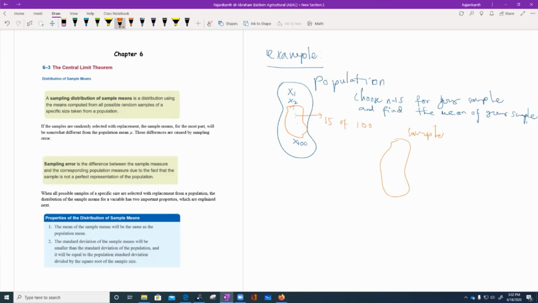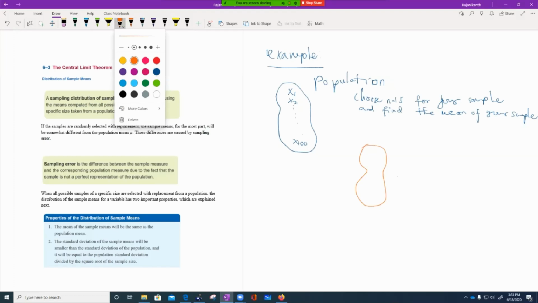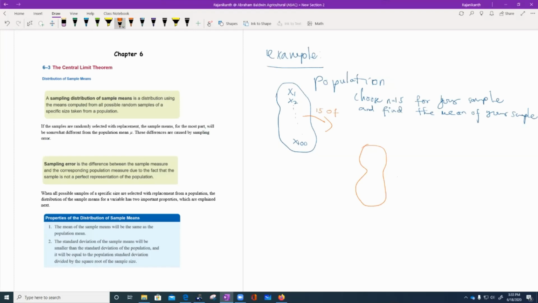You are choosing randomly 15 values out of 100 and putting them into your sample, right?